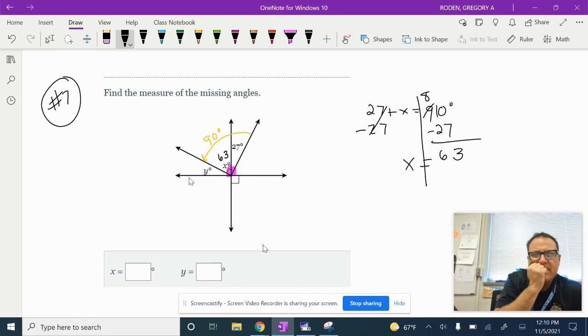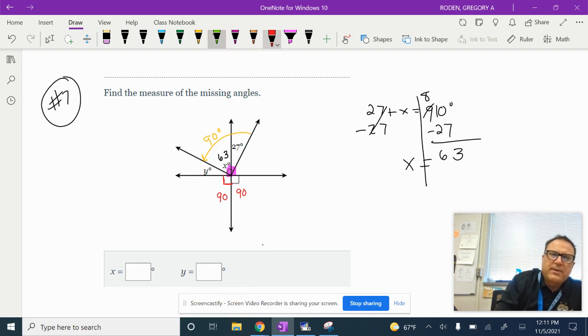Okay. So now, if you notice, if this is 90 degrees right here, this one also has to be 90 degrees because they make a straight line. 90 plus 90 equals 180, right? So now I'm going to look at this angle from here to here. This green angle right here. These 3 green angles.